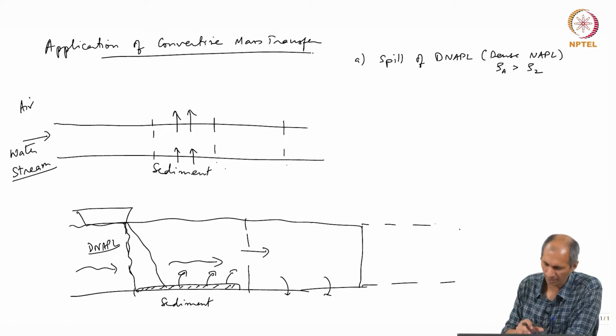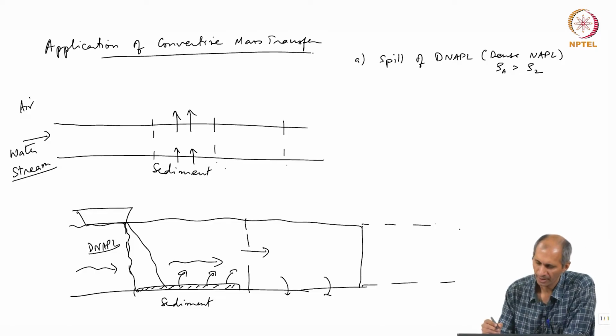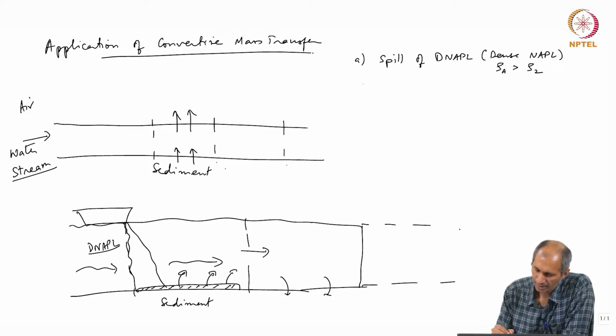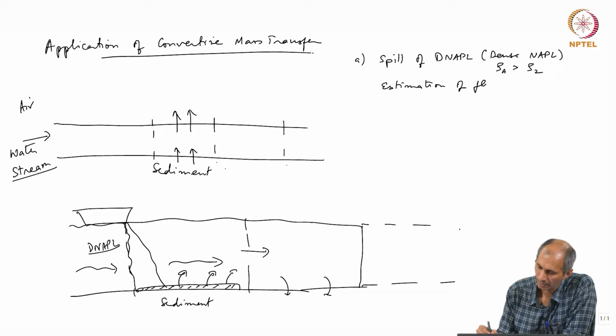We will look at just this process as an example of extension of what we derived in the last class. So, spill of dense NAPL, and now we are interested in estimation of flux from sediment to water.